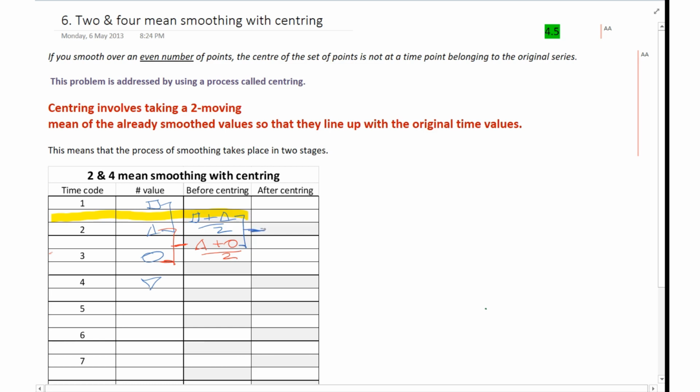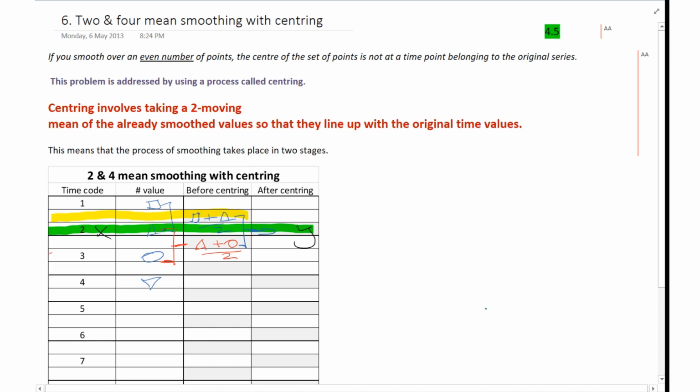When I go here, after centering, if you look, that's now lined up on number 2. So now by centering it, I've got essentially my X value here, and my Y value there, and I can now plot it. That's why we have to center.